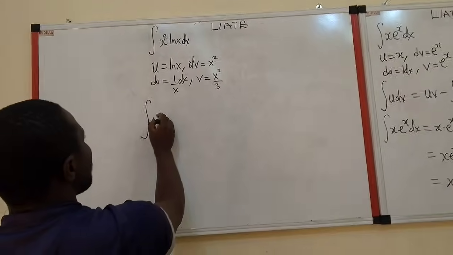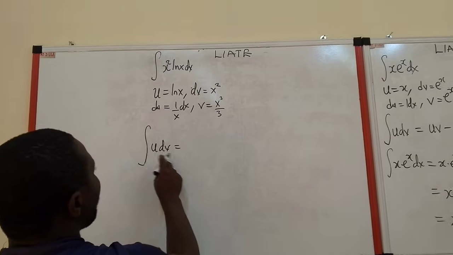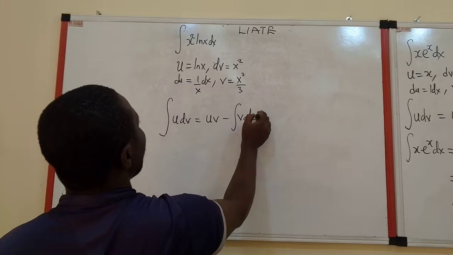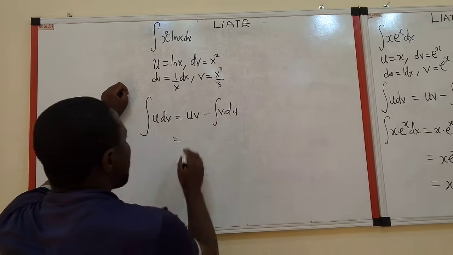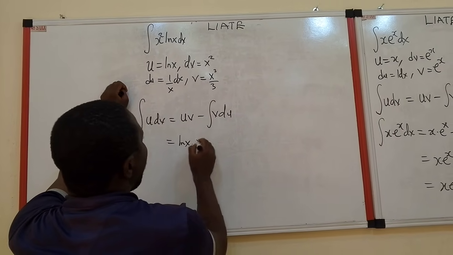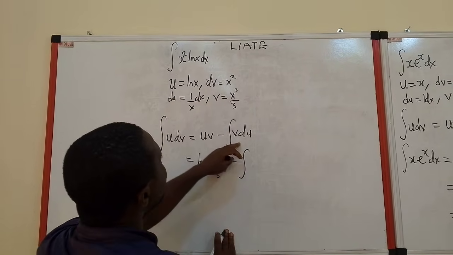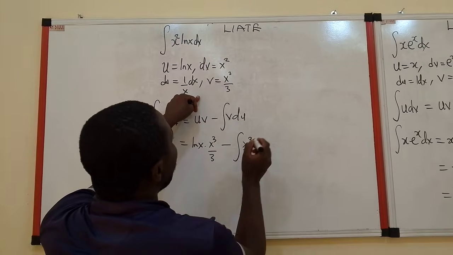Integration by parts is that the integral of u dv is equal to uv minus the integral of v du. Okay, what's my u? ln x, minus my v, x raised to power 3 over 3, minus the integral of what's my v? x raised to power 3 over 3.